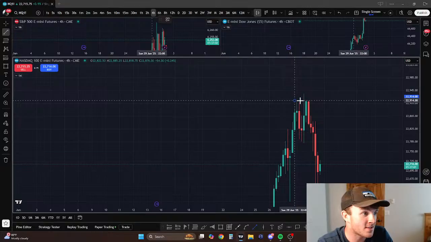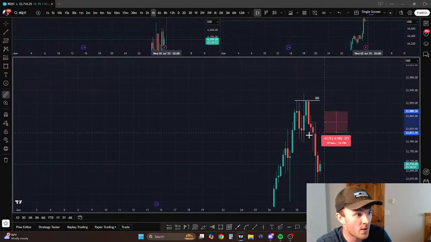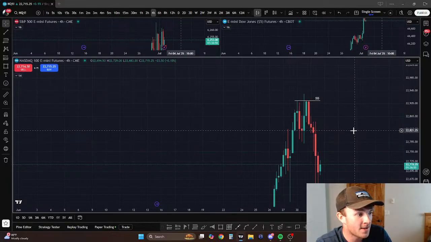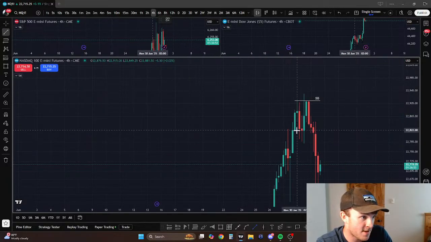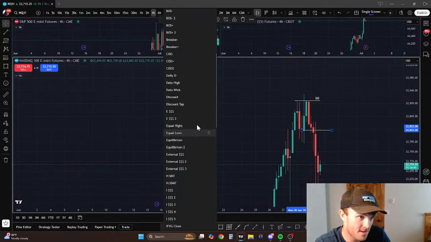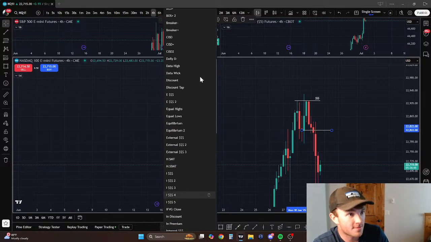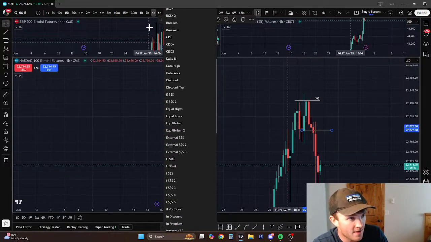So yeah, I think looking at the higher time frame is very important, because when you look at the higher time frame, it's like, oh wow, we swept out this high, and then we have this 4-hour change of state delivery, and all of a sudden it becomes very obvious that the market expanded off of that.